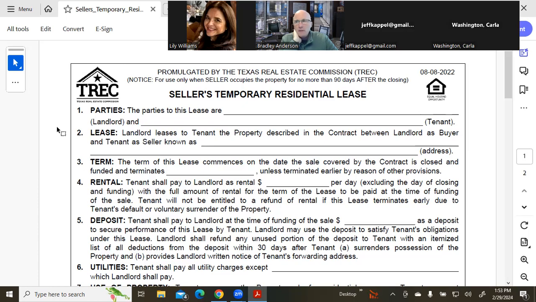But I will tell you that housing is at a premium and rental rates are high and people do stupid stuff. And so it's not unusual to get someone in there that's not going to leave until they're forced to. And if you don't know how to do that, that can be very debilitating for a customer. So you don't want to put people in that situation. So if you can avoid a lease back, I would do it. But if you can't avoid it, please make it as strict as possible.